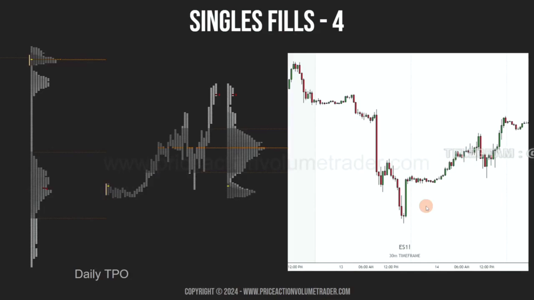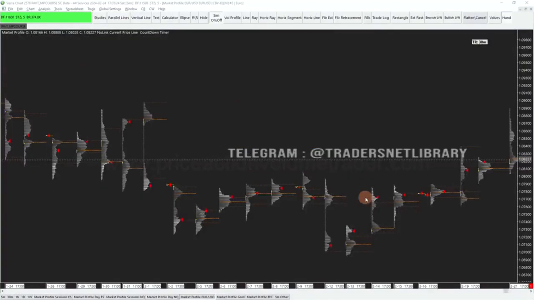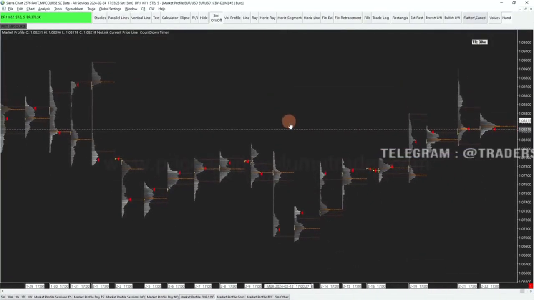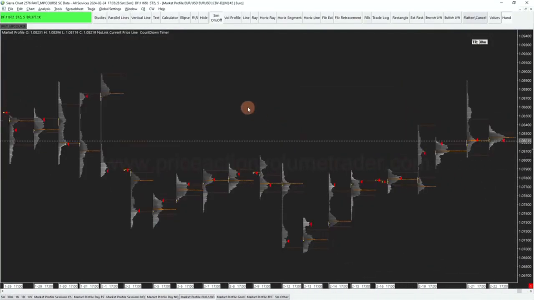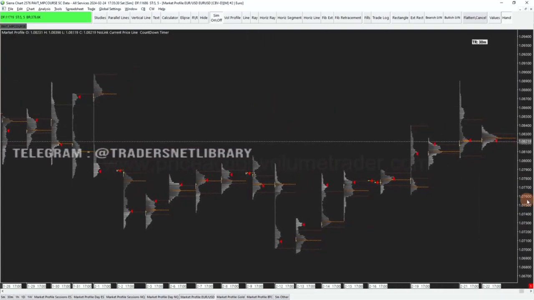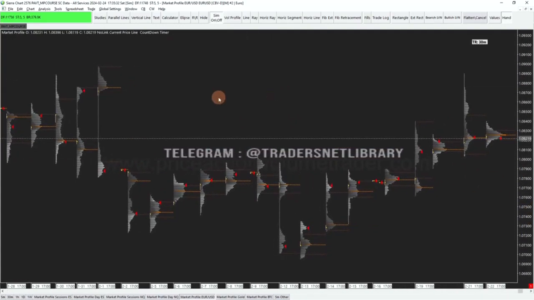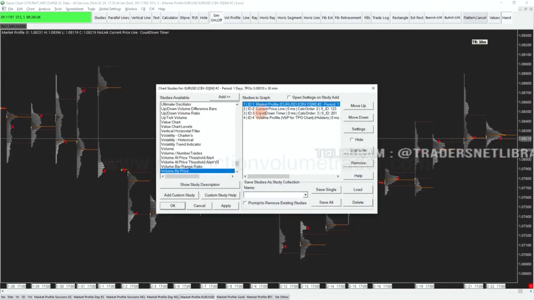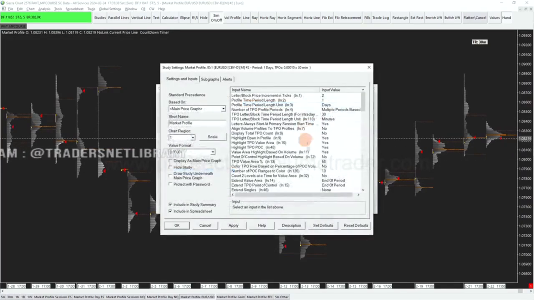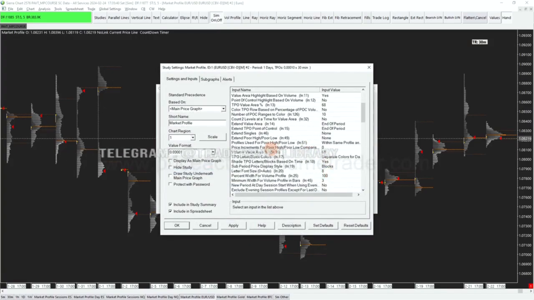Okay, so with that, let's go into some charts and look at some more examples. So let's go here into the Forex market, Euro US dollar. When I'm looking for this, what I would do is, again, this is Sierra Chart, but you can do this on any platform. I'm going to go right here into the settings, extend singles.